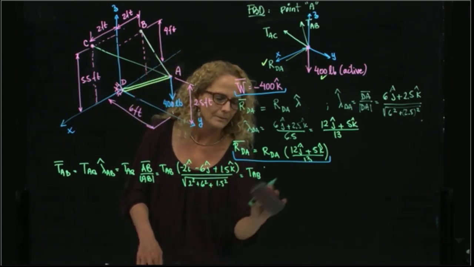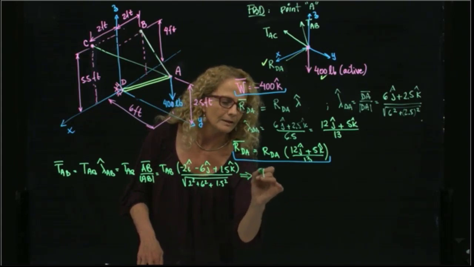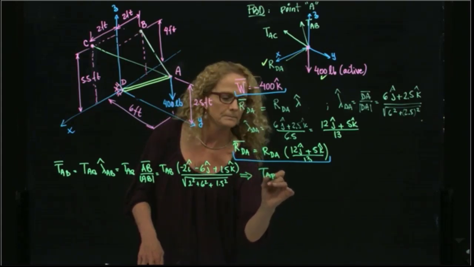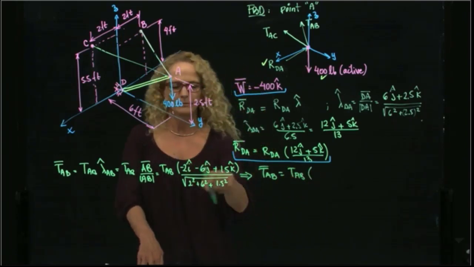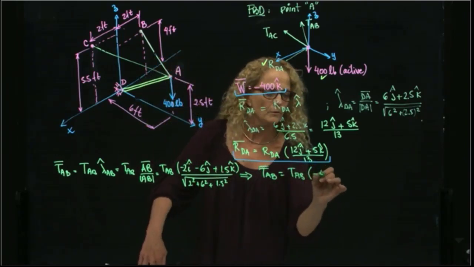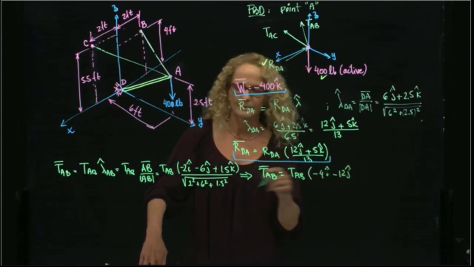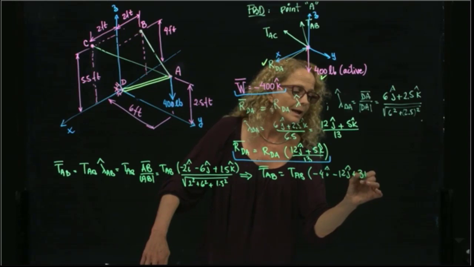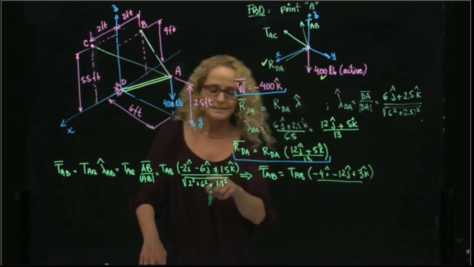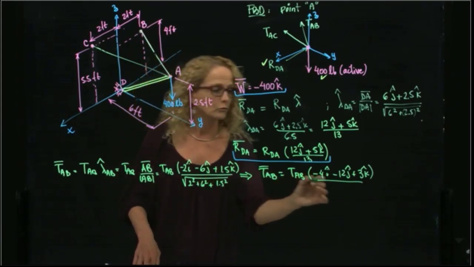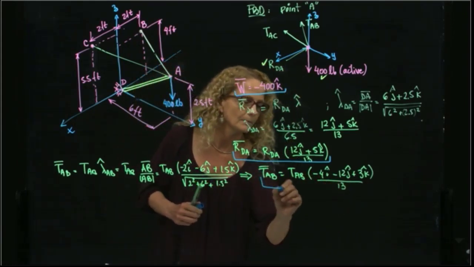At the end, the vector AB is equal to the magnitude times this vector, and this vector gives me -4 in I, -12 in J, plus 3 in K. Remember that I multiplied everything by 2, divided by 6.5 times 2, which is 13.